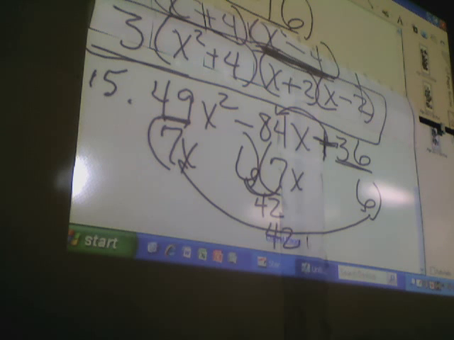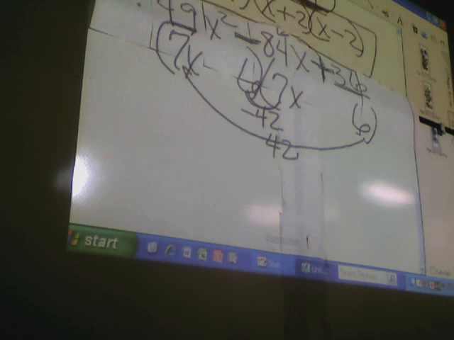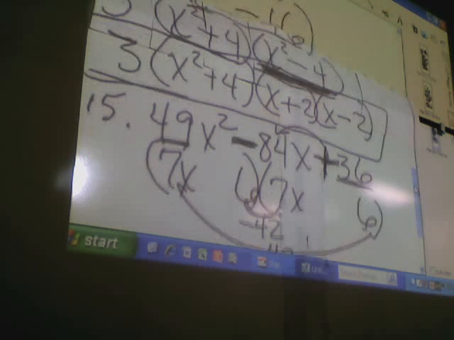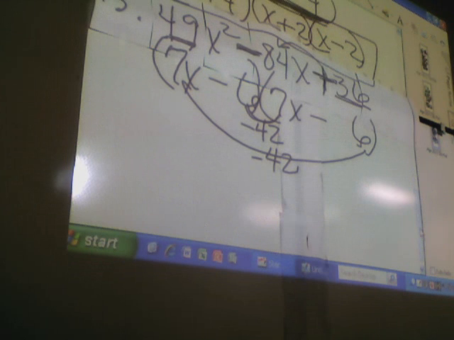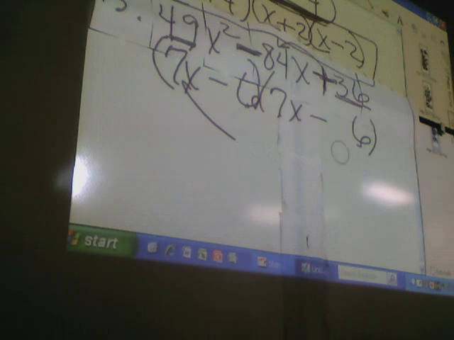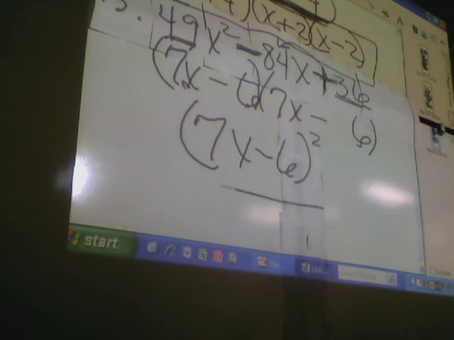Yeah. That's perfect. What about the sign? The sign needs to be negative. They're both going to be negatives because you'll need negative 42 plus a negative 42. So we're going to have negative and negative. They're exactly the same thing, so we can rewrite it with a squared, right? So we'll get rid of this writing down here. We'll write it 7x minus 6 squared.